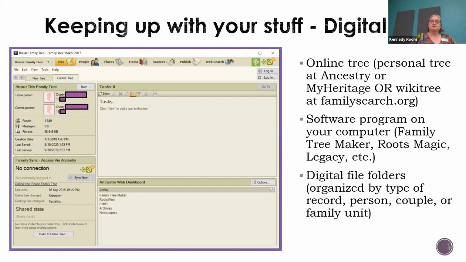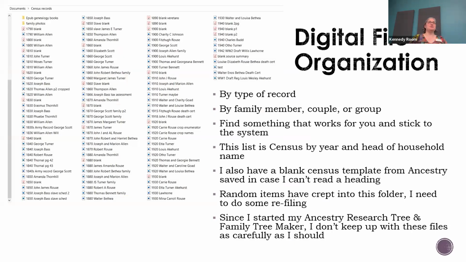Digital file folders organized by type of record. I have to admit, now that I am not using Ancestry Library Edition at the library and I have my own personal subscription to Ancestry, I've gotten lazy about saving all of the documents to a flash drive or my computer as routinely.